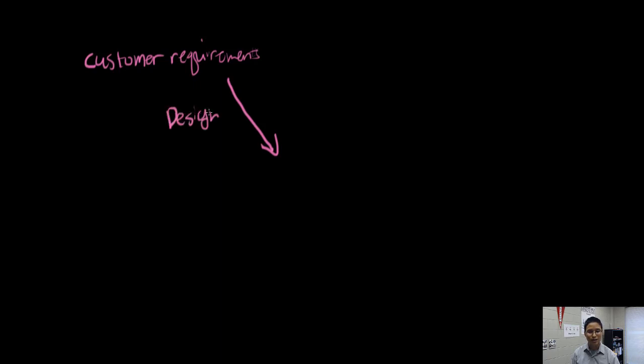As a quick review, remember we have our design process that starts with the customer requirements. Then you go through your V process where you flow down your requirements, and that's the design phase. Once you figure all that out and have all your requirements, you start building, and on your way up, you start testing.